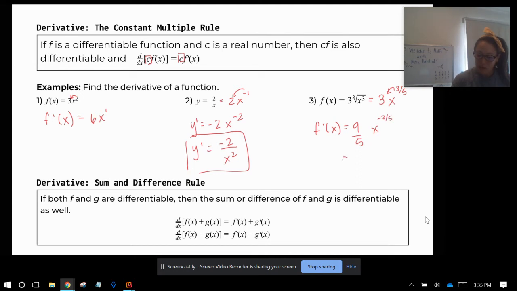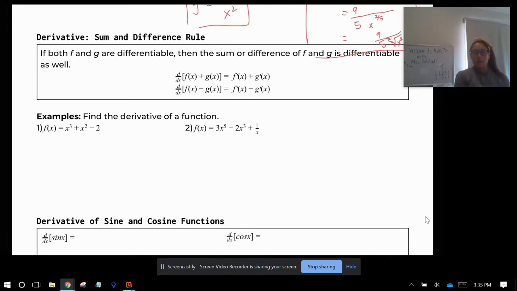And then let's write that with a positive exponent. So the x comes to the bottom, giving us x to the 2/5. You can also write this as 9 over 5 times the 5th root of x squared. Okay, so all of these are legal.